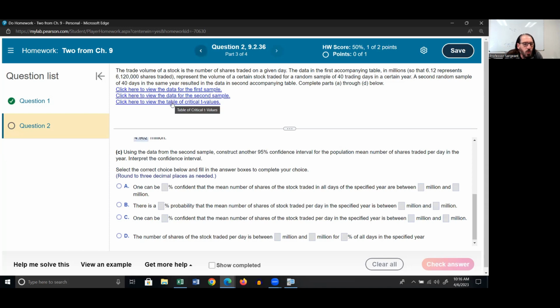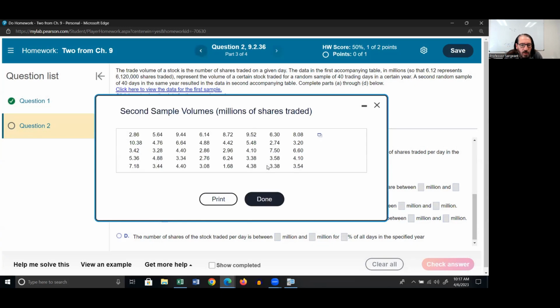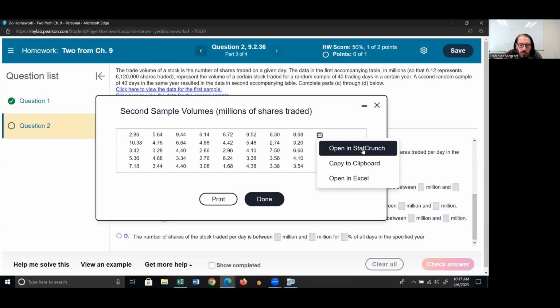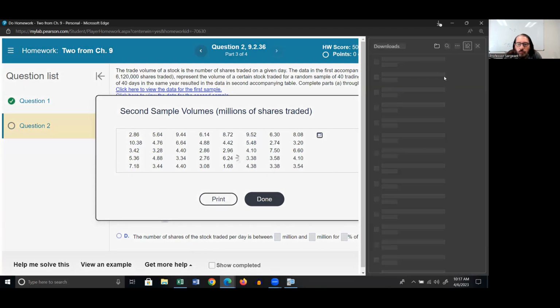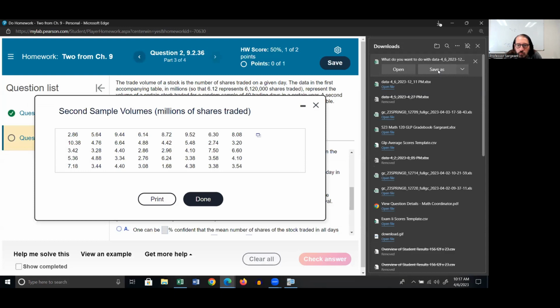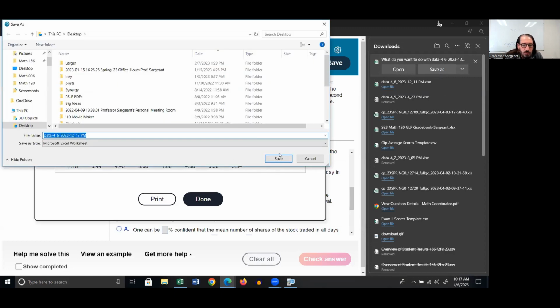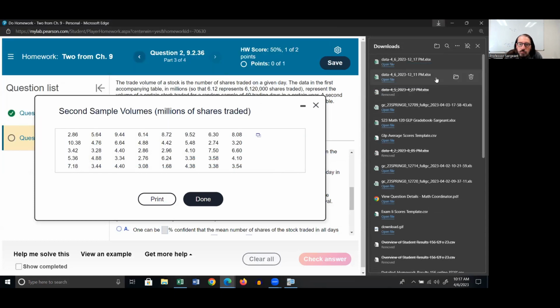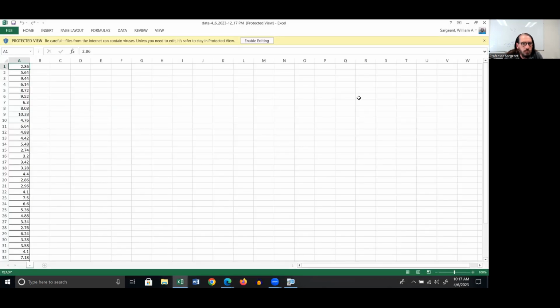But when we open up the data from the second and get X bar and S from the second sample, those are likely to be different. Let's find out what those are real quick.